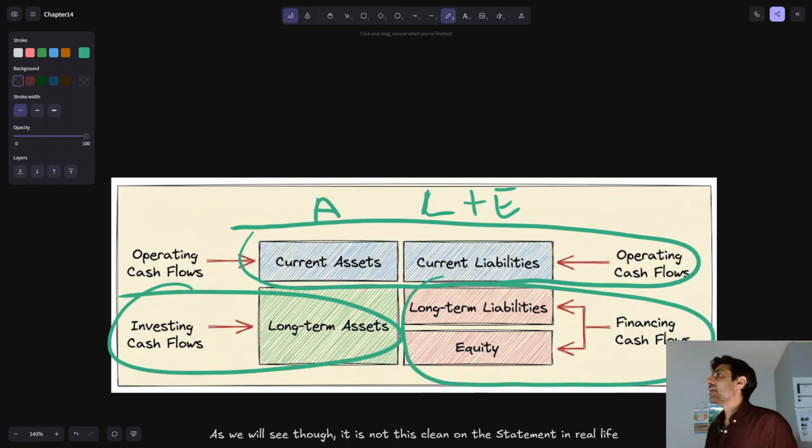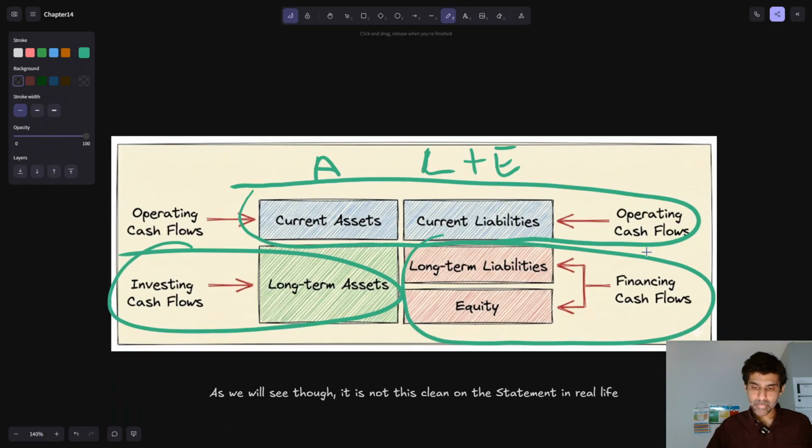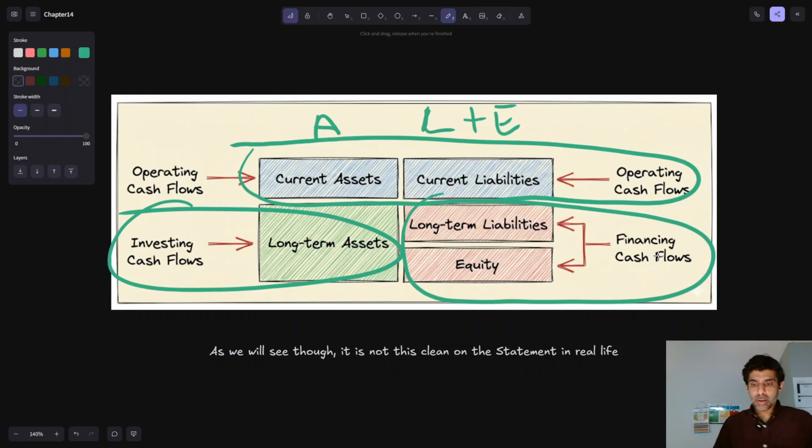So this is an easy way to visualize what section is representing what part of the business. It's not as clean sometimes, there can be instances where it doesn't follow this exactly, but in general, this is how it's broken down.